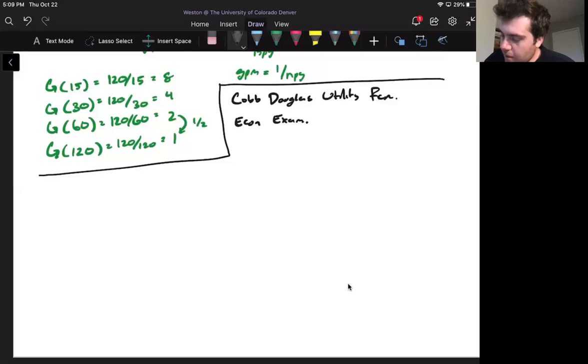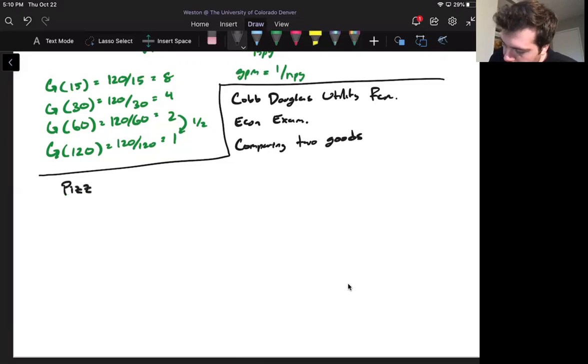So one common example of a utility function is this Cobb-Douglas utility function for comparing multiple goods. Specifically, we can look at it as comparing 2 goods. My econ professor always used the example of pizza and beer, so that's what we'll do.